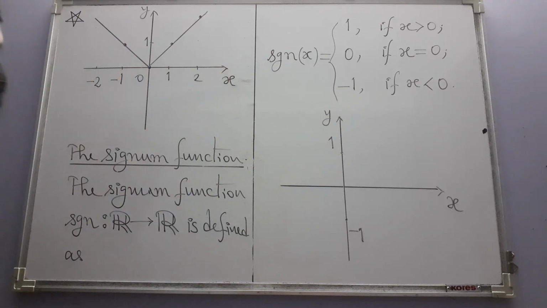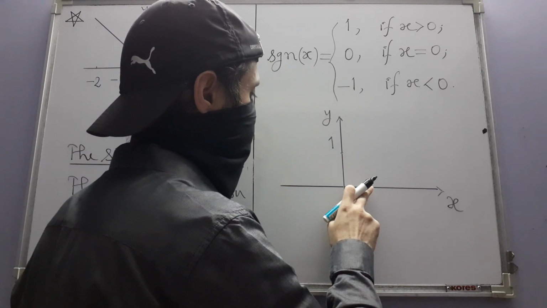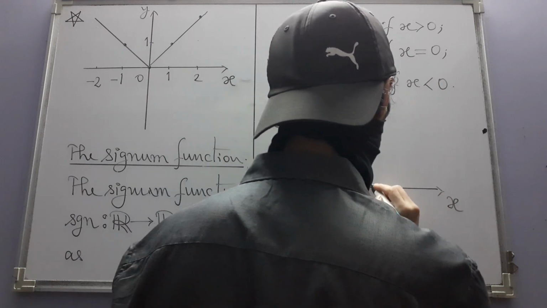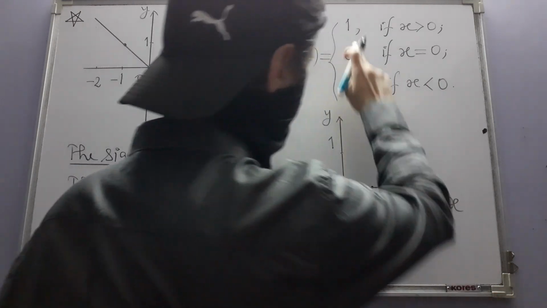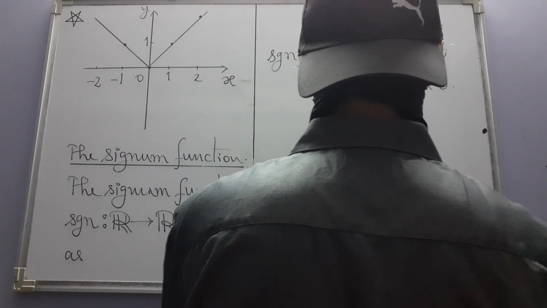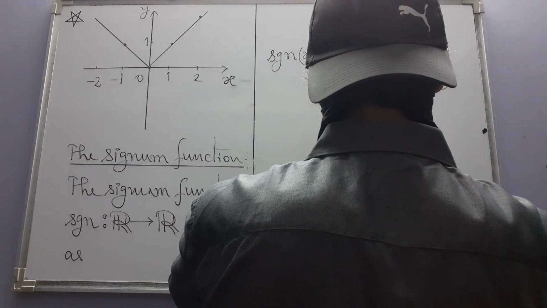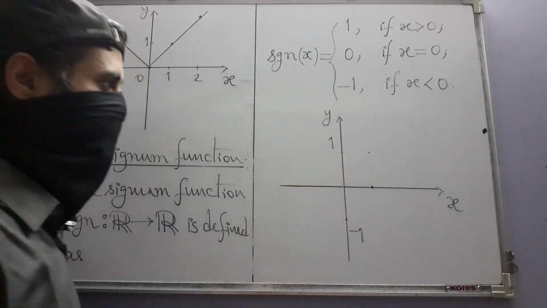Okay, now if my input x is positive, what is the output? Let me just show you the process. The output is 1, right? That means the output is here. This is 1 point on the graph.